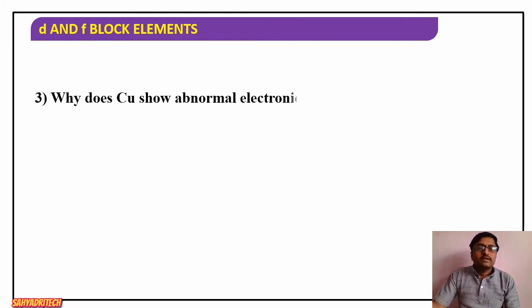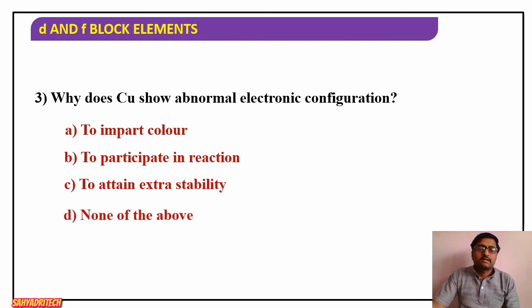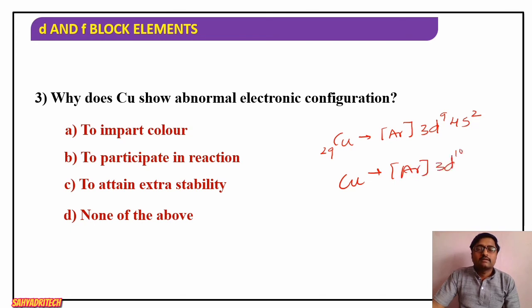Next one: why does copper show abnormal electronic configuration? First option, to impart color; second option, to participate in reaction; third option, to attain extra stability; and fourth option, none of these. If you consider copper, atomic number 29, the expected configuration is argon 3d9 4s2, but what is observed is argon 3d10 4s1.